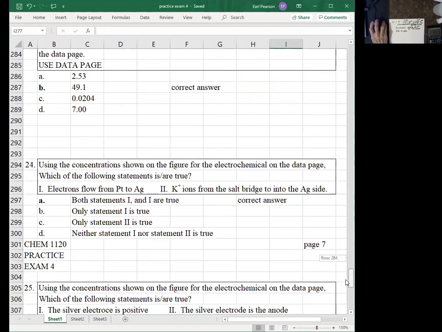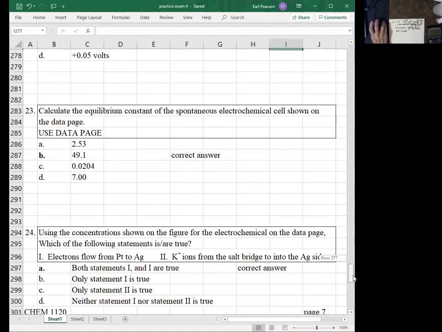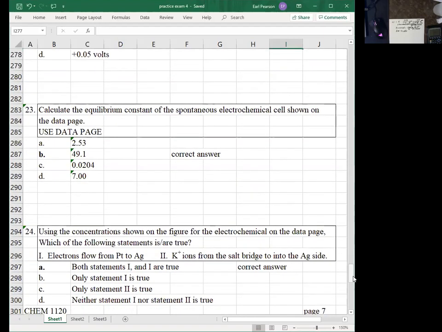Now 23, calculate the equilibrium constant for the spontaneous electrochemical cell shown on the data page. Now, remember that the spontaneous electrochemical cell would have to have a positive voltage.